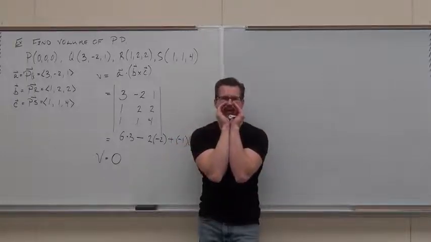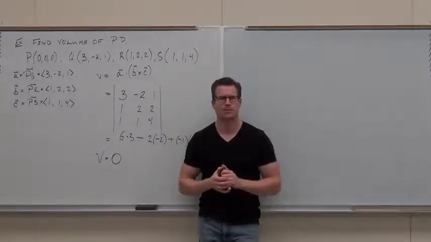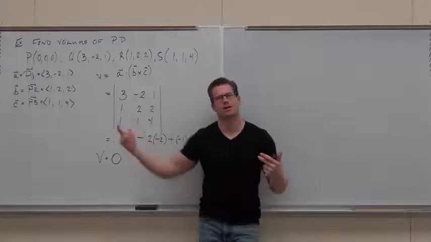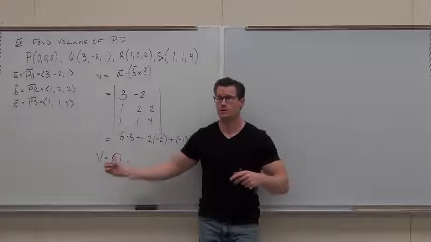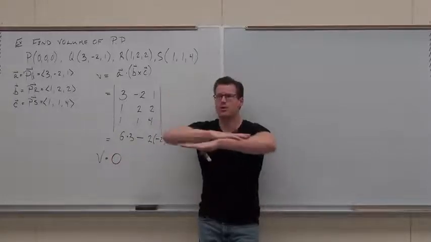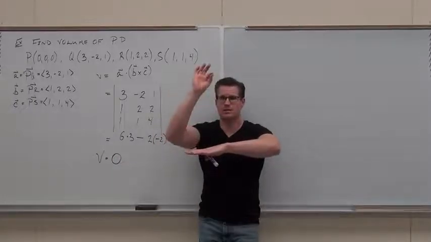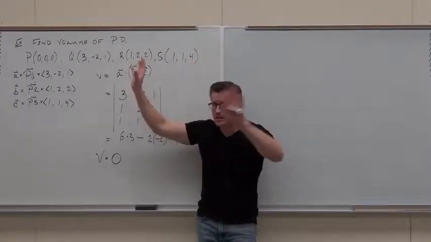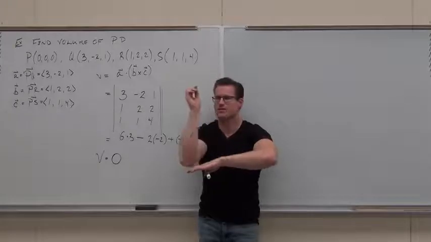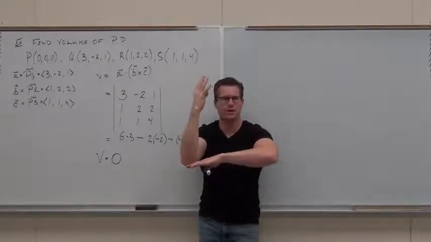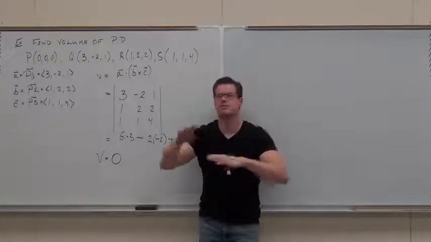What's it tell you about those 4 points? They can't be equal, okay? They're obviously different points. If you have a volume of 0, it means that you have no height, which means that the point that's not in the other 3 points' plane is in that plane. If your height is 0, it means the 4th point is in the same plane as the other 3 points.